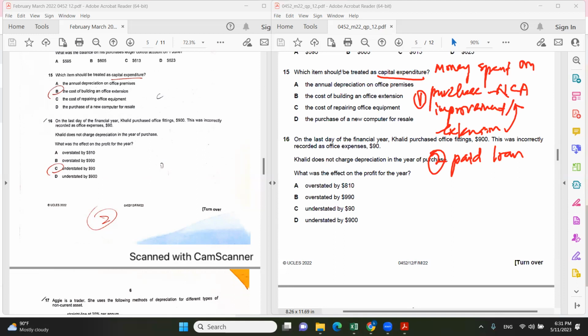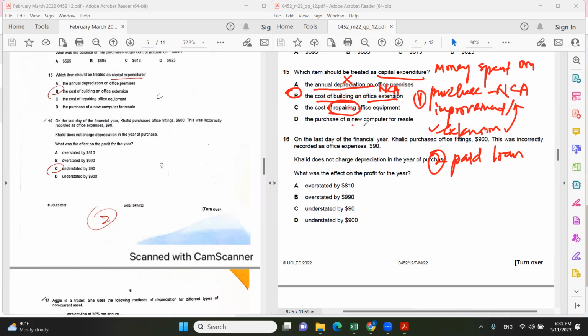Okay, so in here, annual depreciation is a non-cash item, so this is not related. We didn't pay money out. The cost of building an office extension is a non-current asset under extension, so this should be capital expenditure. The cost of repair: when you see the word repair, this is revenue expenditure.